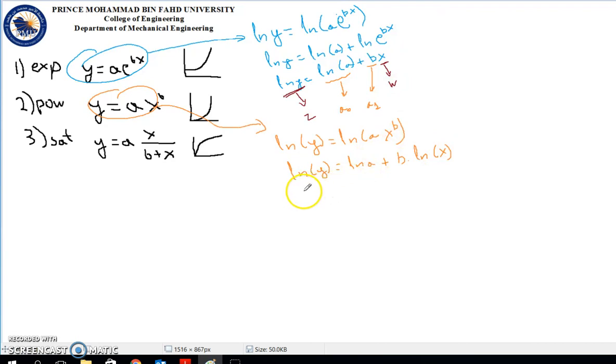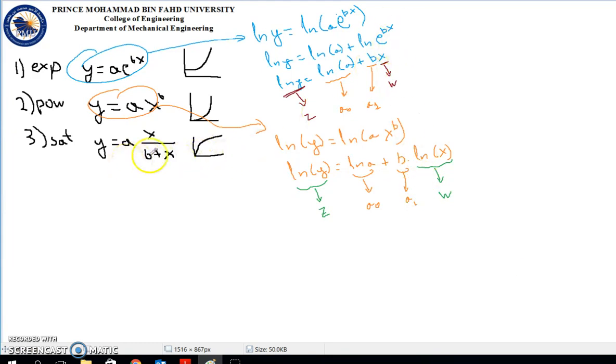The only difference now is that this is z, this is w, and the other two terms are a0 and b is a1.